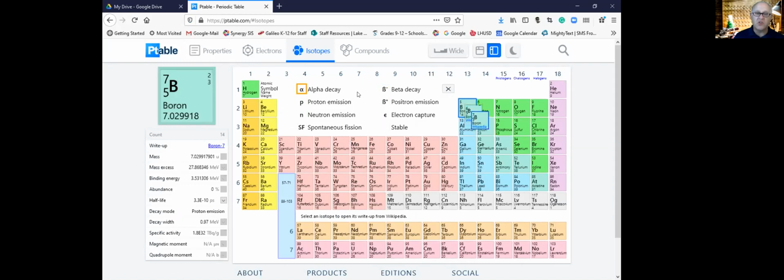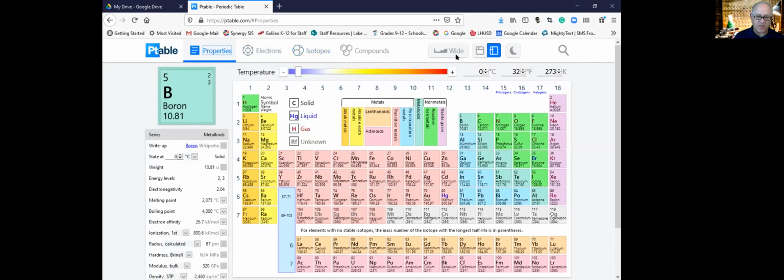And when we get into nuclear chemistry, you'll learn about alpha decay and beta decays and proton emissions and positron emissions and whether or not the element is stable or not. But there's lots of information for you on p-table. I'm going to stop this share right now. And now we're going to go back to our share, back to our slides.